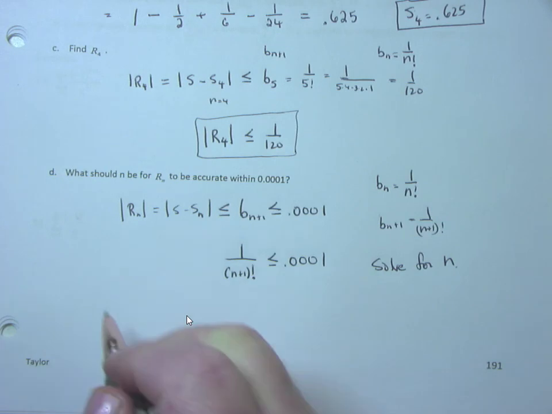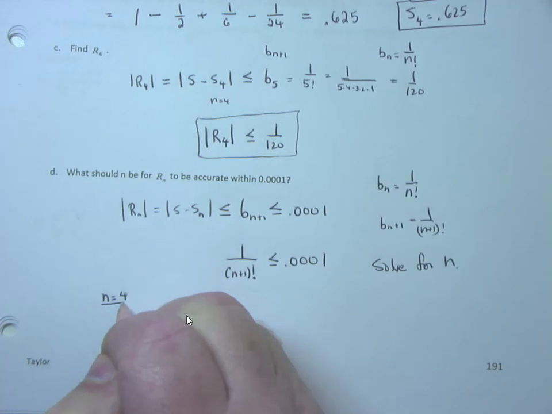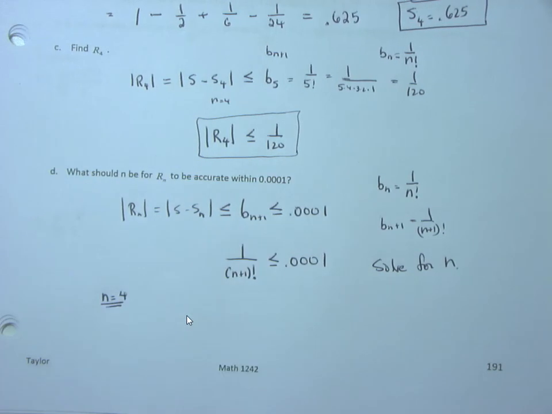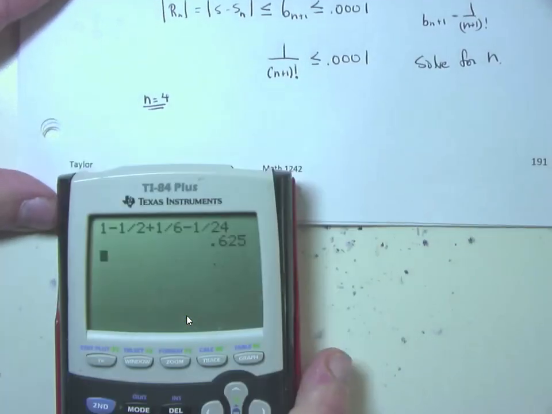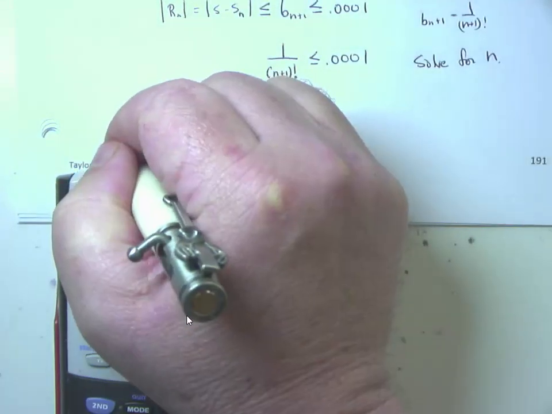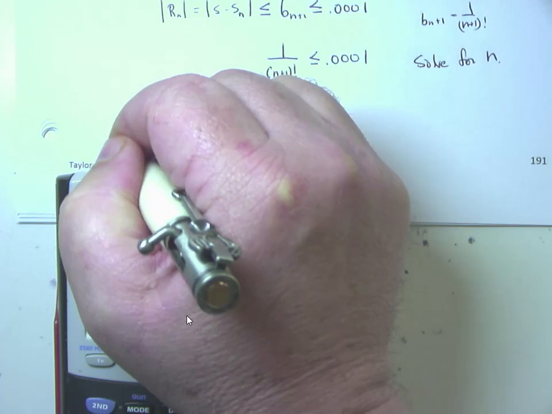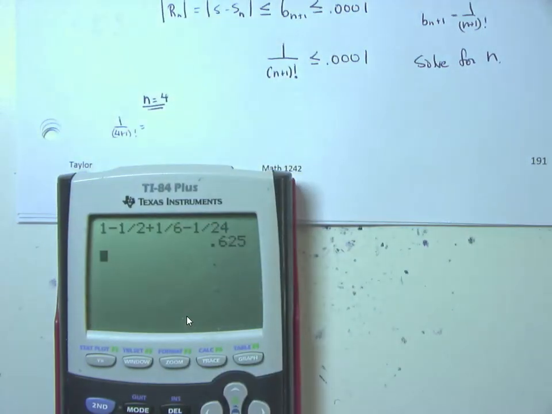So we're going to start with, for example, n equals 4. I just picked 4 because 4 is what we had up here. Now I'm going to put it on the calculator and let's see what the error is. So 1 over basically 4 plus 1 factorial. That's 1 over 5 factorial, but I'm going to type it in just like this: 1 divided by parentheses 4 plus 1.